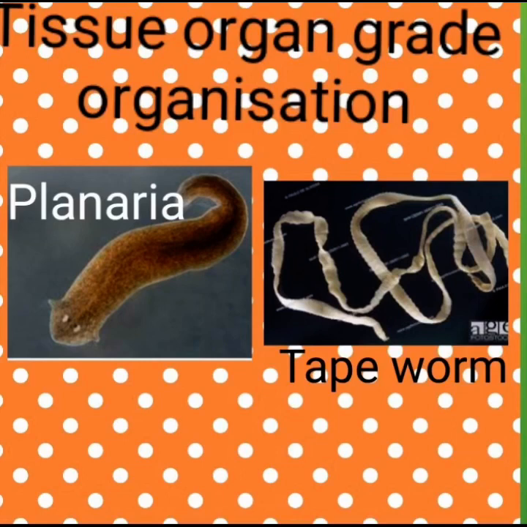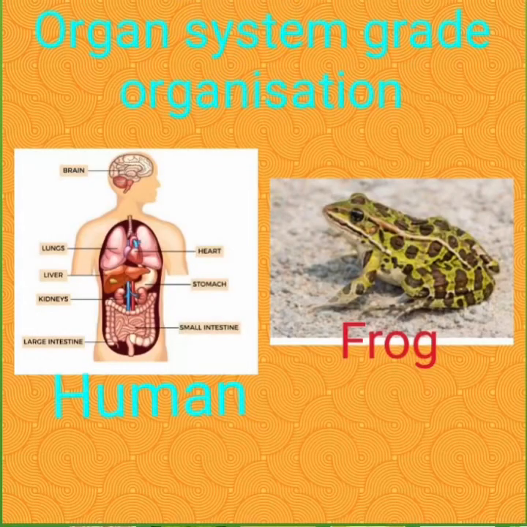Tissues are organized to form some organs, but complete organ systems are not formed. Example, tapeworm, planaria. Organ system grade organization. Different organs form organ systems that perform specific functions. Example, human beings, frog.